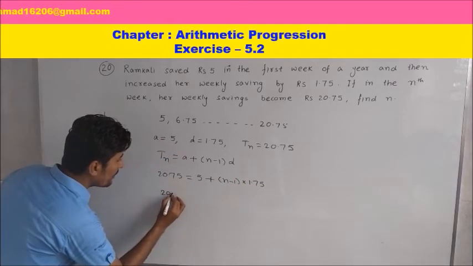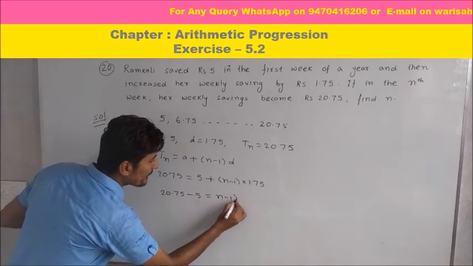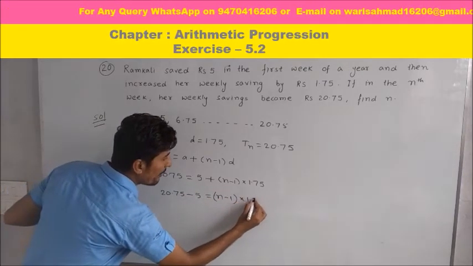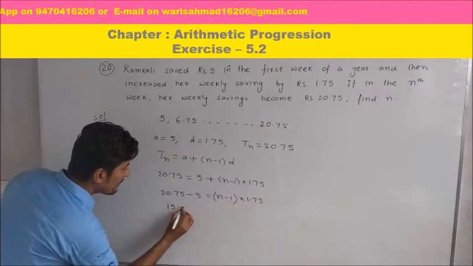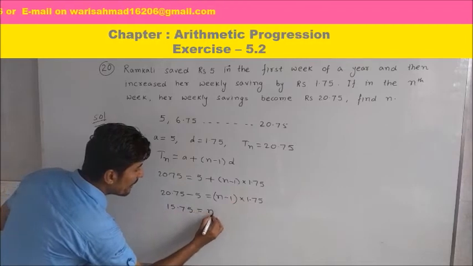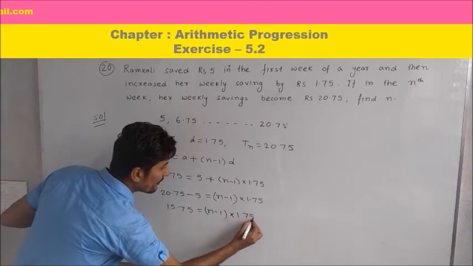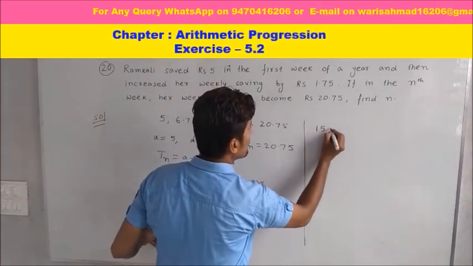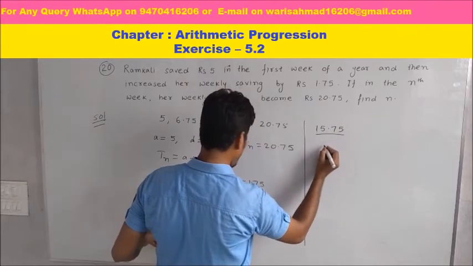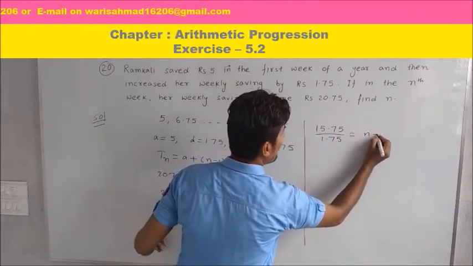After that we can write 20.75 minus 5 is equal to n minus 1 multiplied by 1.75. Here we can write 15.75 is equal to n minus 1 multiplied by 1.75. And here we can write 15.75 divided by 1.75 is equal to n minus 1.